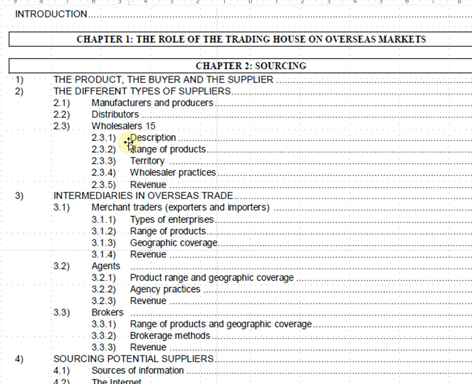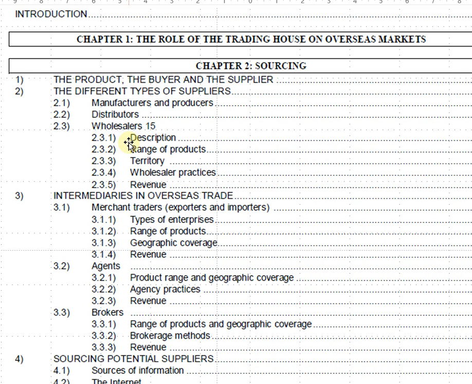We will also deal with agents: product range, geographic coverage, agents' practices, and revenue. And we also learn about brokers: range of product and geographic coverage, the brokerage method, and revenue.